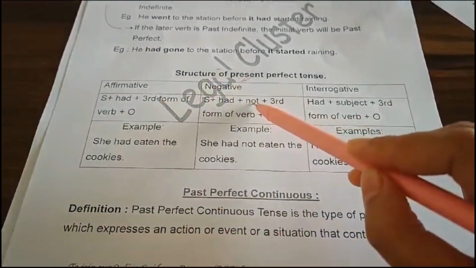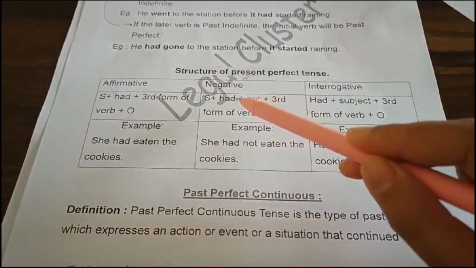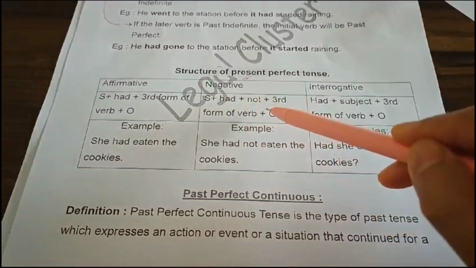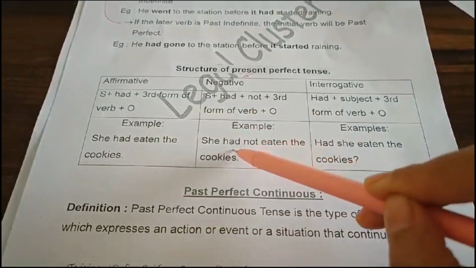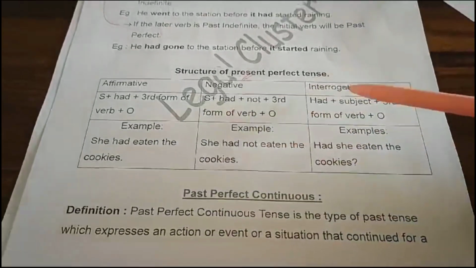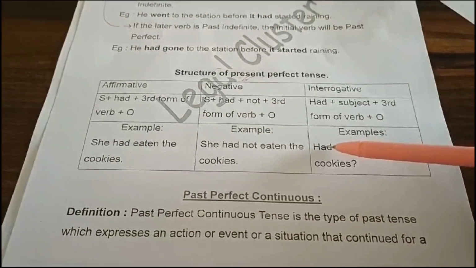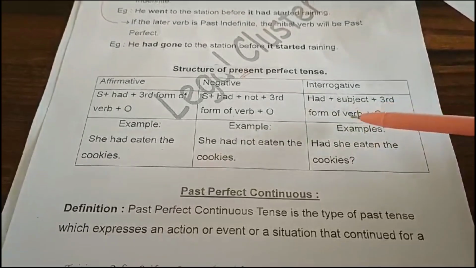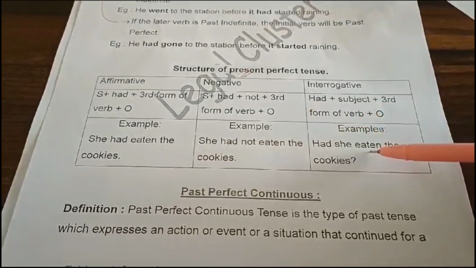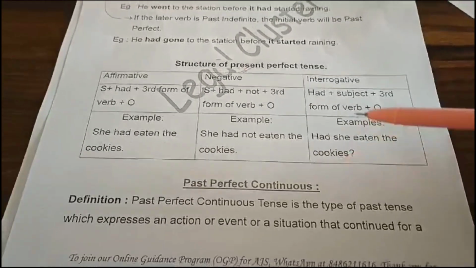For negative sentences, again in the same way, we will be using the word not just after the be verb, and the main verb will be in third form, that is past participle, had not eaten. Interrogative, always the be verb will come first, then the subject, she, then again the third form of the verb, that is the past participle, and then the object remains the same.